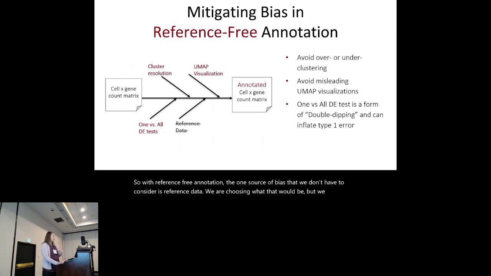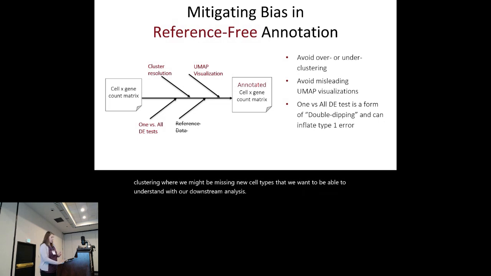But we do have to be concerned with things like cluster resolution. This can be quite challenging. You want to strike a balance between overclustering, where the cell type differences are simply due to noise (remember, this is all just based on gene expression), and underclustering, where we might be missing new cell types that we want to be able to understand with our downstream analysis.